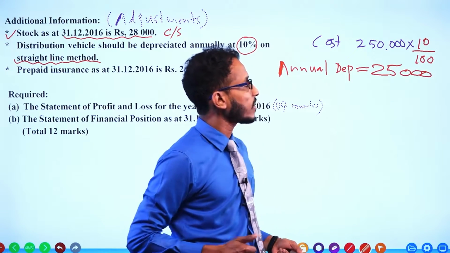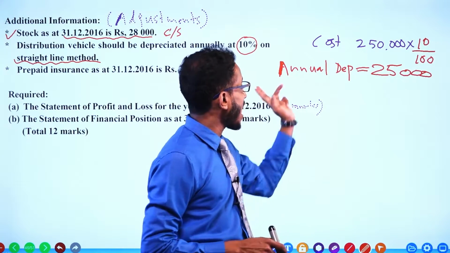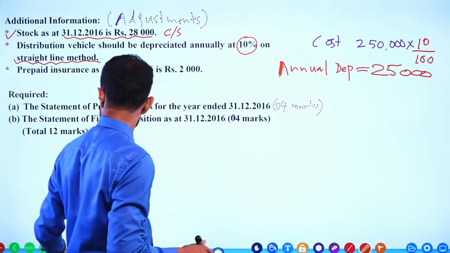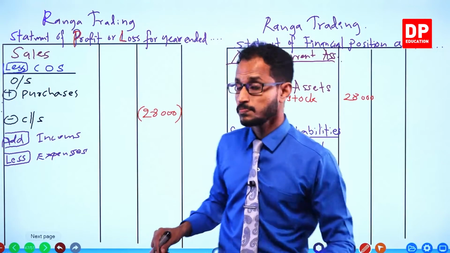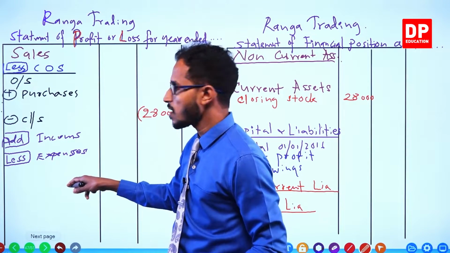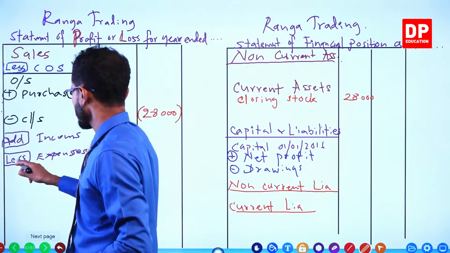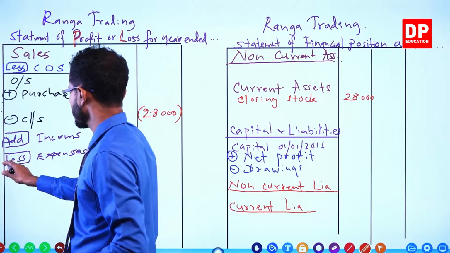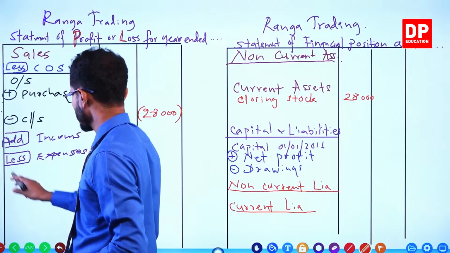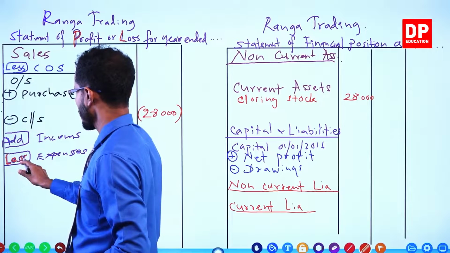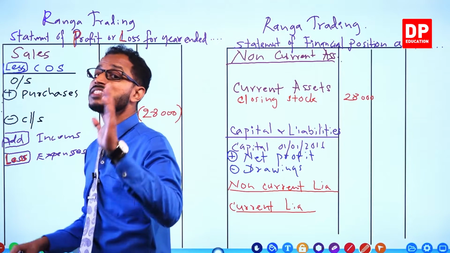Answer is 25,000. That is the annual depreciation. It should go to the profit or loss. Under which heading? Under expenses. Okay, under expenses.